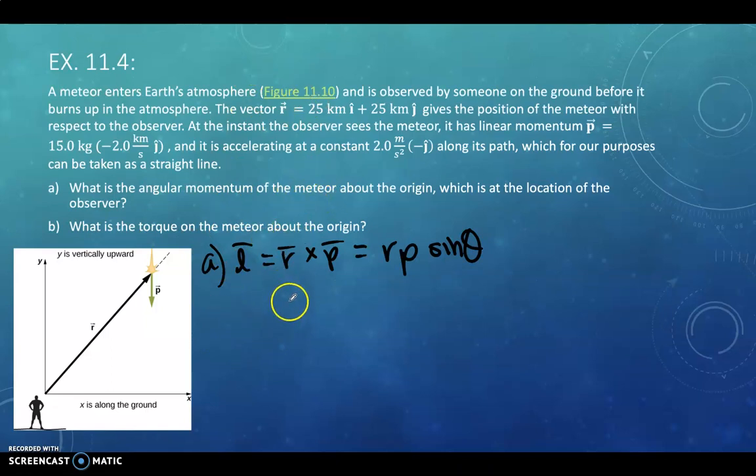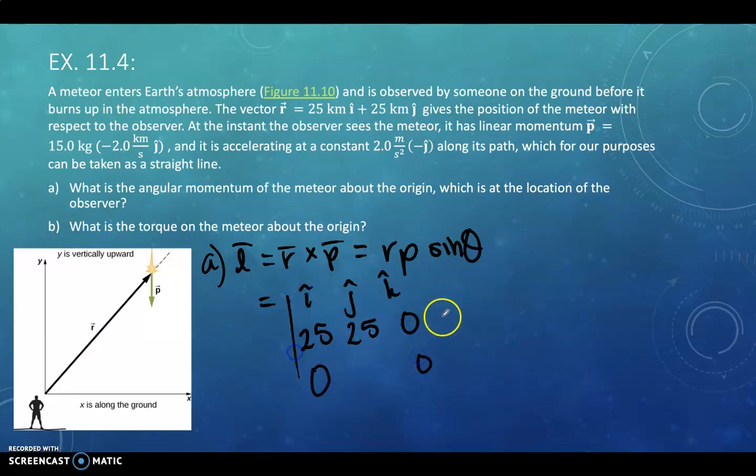So we have i hat, j hat, and k hat. We have 25, 25, and 0, and 0, 0, and negative 2 times 15, which is negative 30. We'll watch out for all of our units.